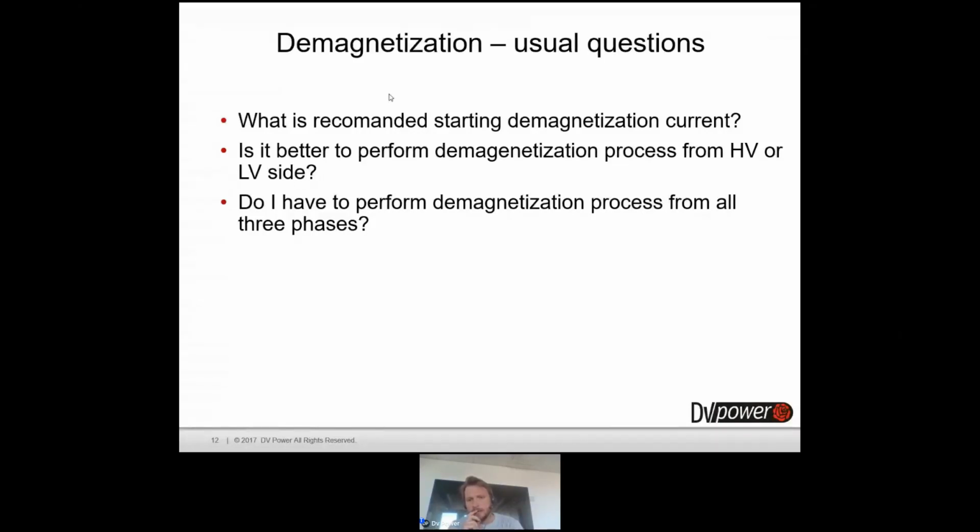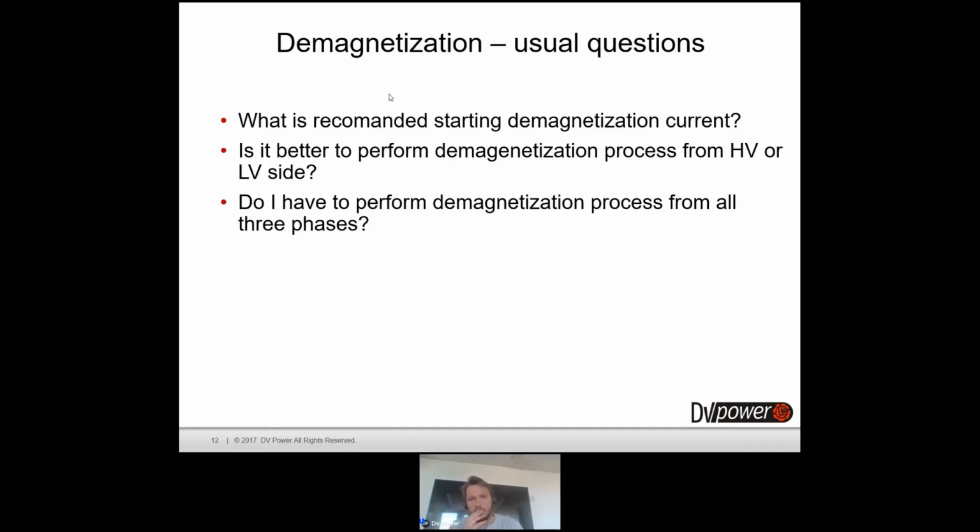Opinion. Basically, when we use a DC current, it is enough to use enough current to saturate the magnetic core. Because this is a DC current, this current can be very, very low. Basically, even big transformers can be successfully demagnetized with 5 amps, let's say.